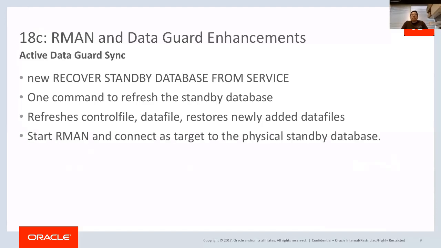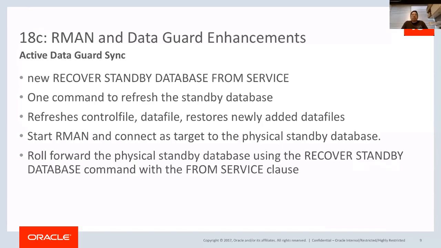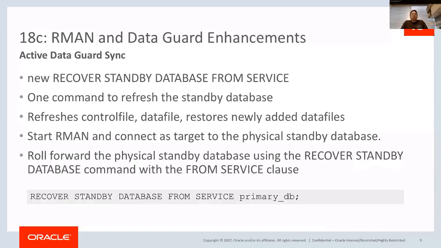With a single command, you start RMAN connected as target to the physical standby database, and you run this command, recover standby database from service, and you give the primary DB name, and this will roll forward your physical standby in basically one single step. Everything is done without the need of backing up, restoring, etc.